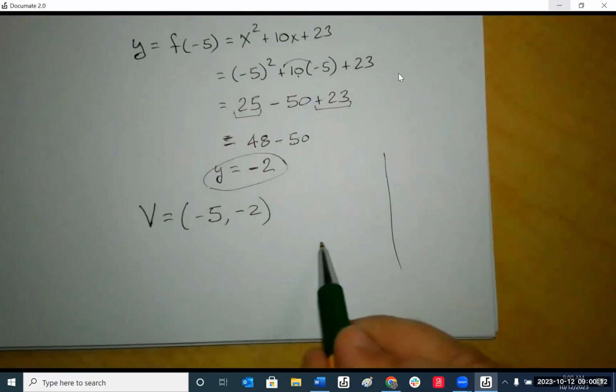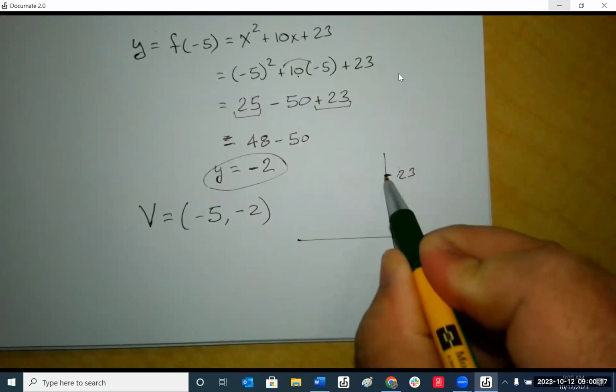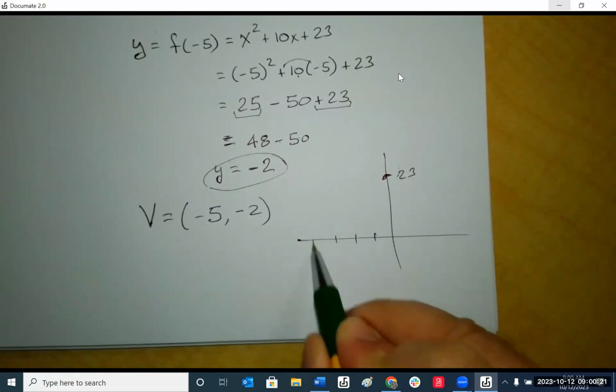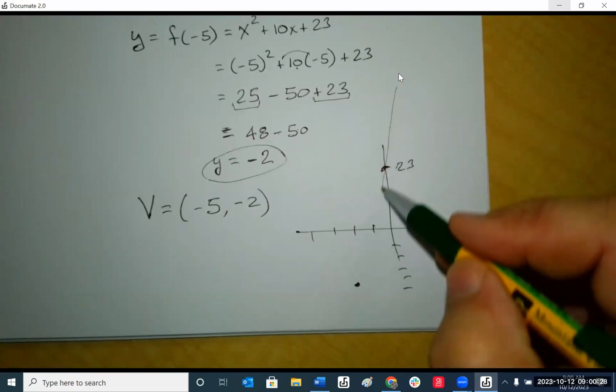So I know then my graph has a y-intercept at 23, and my vertex, 1, 2, 3, 4, 5, is down here. So I know my graph will look something like this.